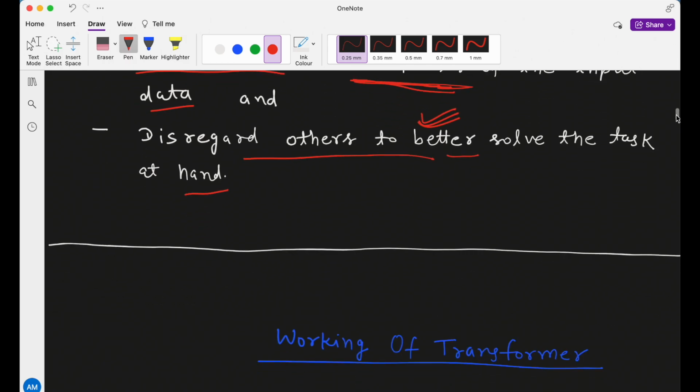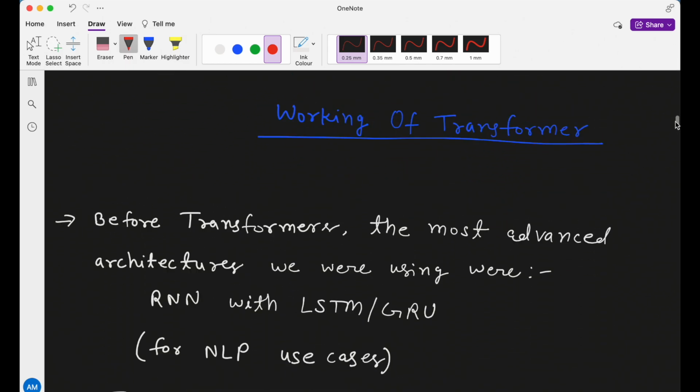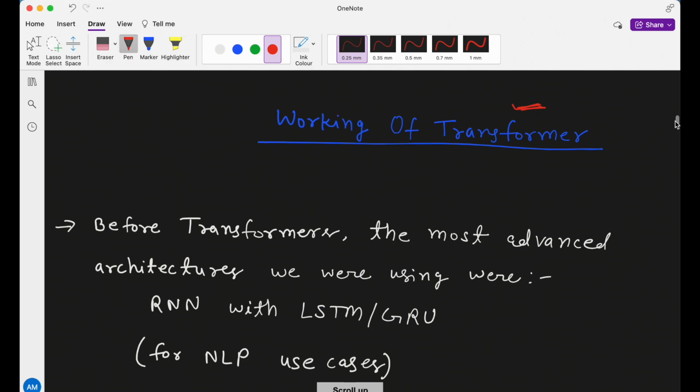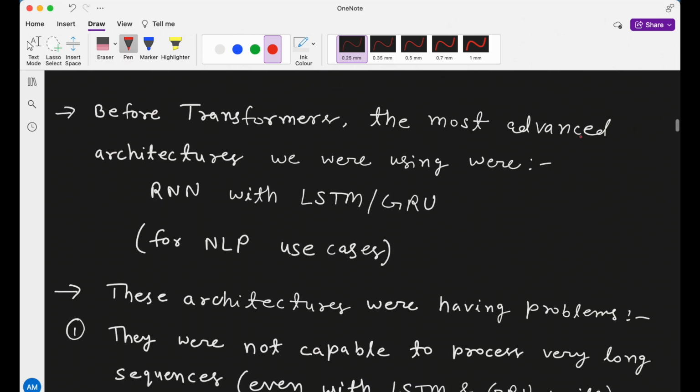Now let's start the discussion of the working of the transformer. This is the main part which we are going to discuss in this video. When the transformer was not in the picture, the most advanced architecture we were using for NLP was LSTM or GRU units.